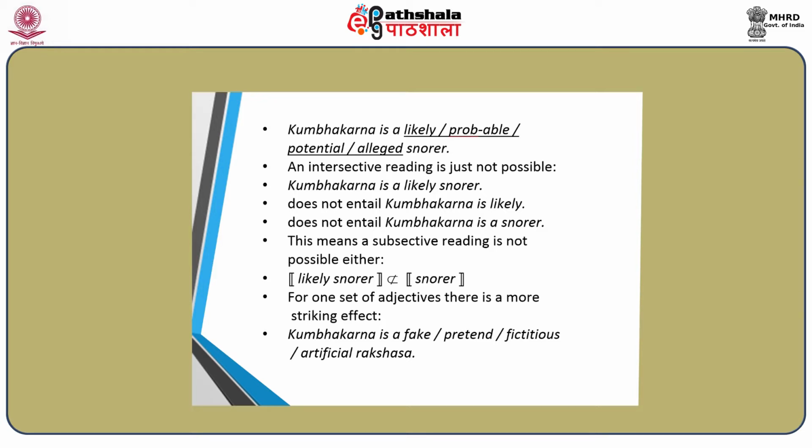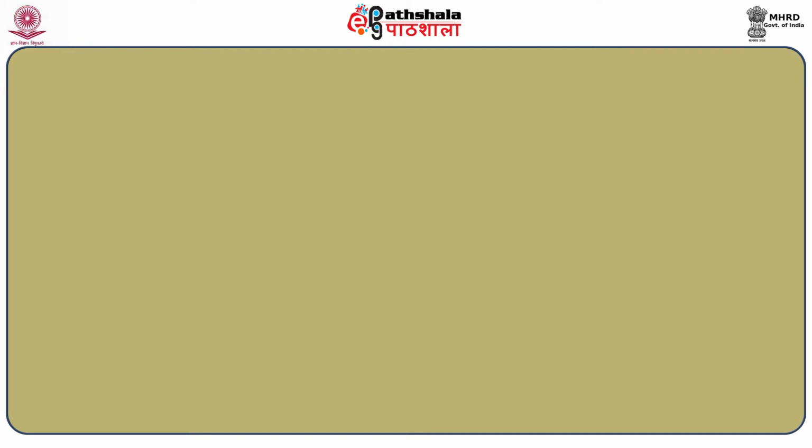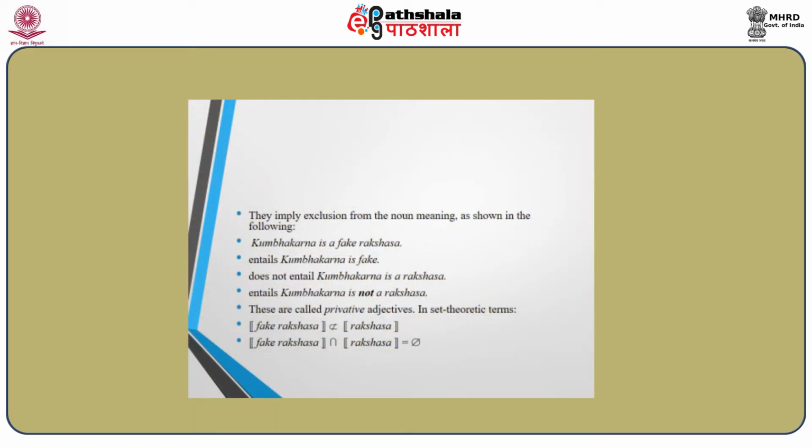For one set of adjectives, there is a more striking effect. Kumbhakarna is a fake or pretend or fictitious or artificial Rakshasa. They imply exclusion from the noun meaning, as shown in the following. Kumbhakarna is a fake Rakshasa. Entails Kumbhakarna is fake. But it does not entail Kumbhakarna is a Rakshasa. In fact, it entails Kumbhakarna is not a Rakshasa.